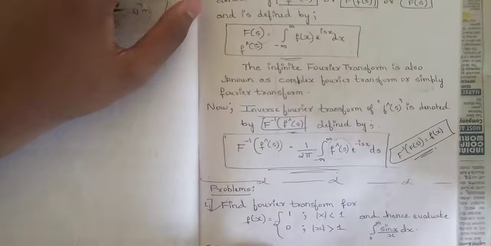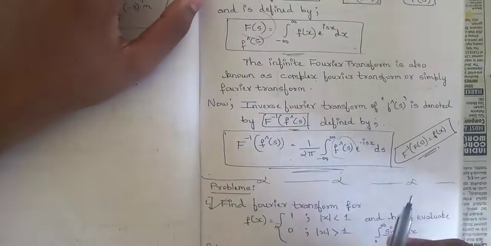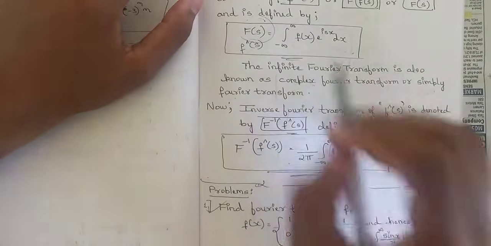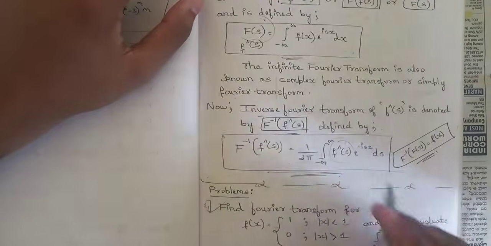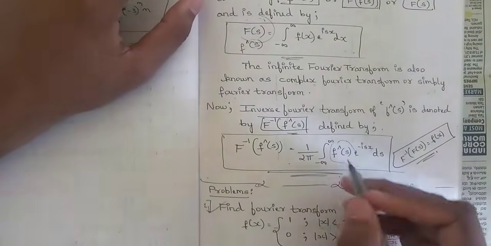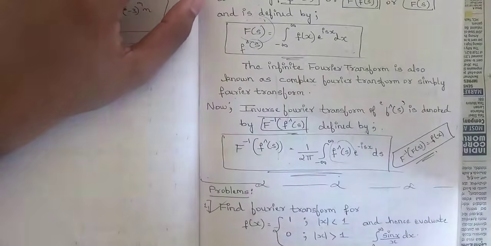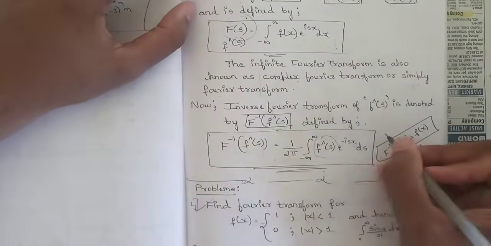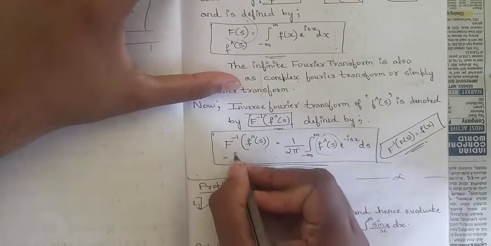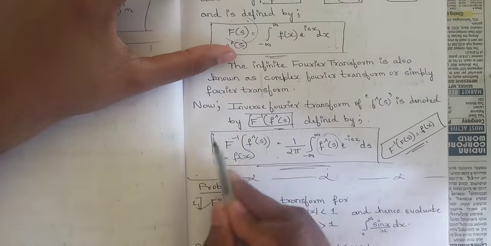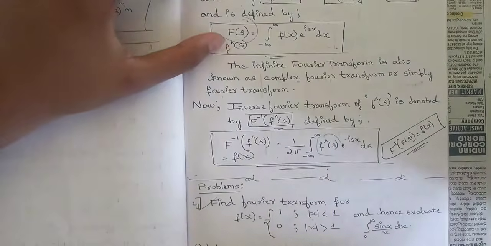Whatever we get as F of s in the question, we need to substitute in place of f cap of s, and then find its inverse. It is also equal to f of x. While solving the problem, instead of writing this F inverse of f cap of s, we can also write it simply as f of x.